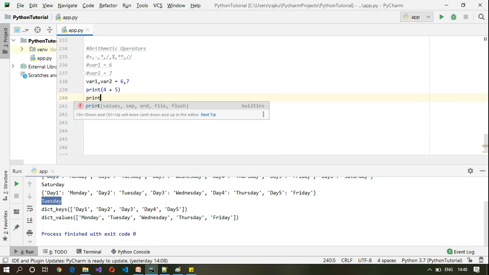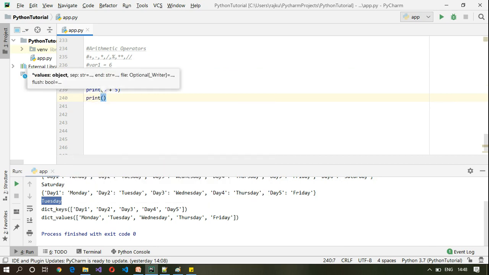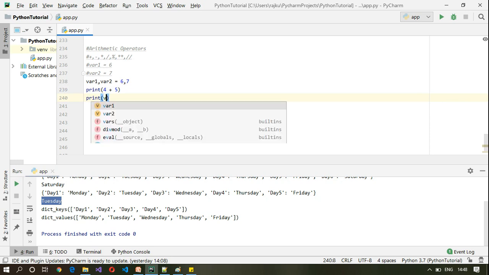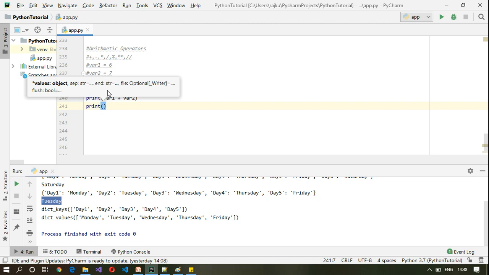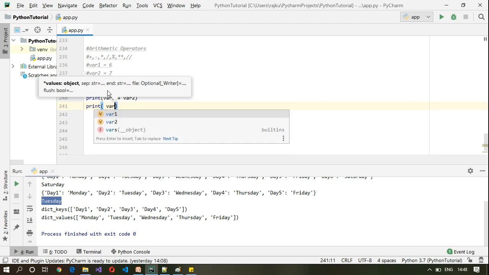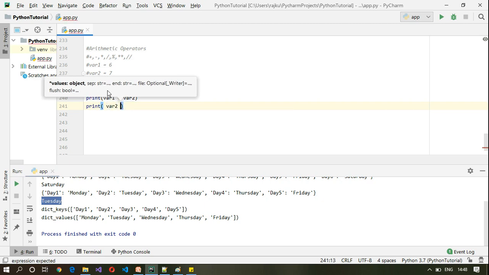And as we have seen, we can directly add two numerical values here. We can also assign them to variables and then add them. We can also use print subtract, which is var2 minus var1.